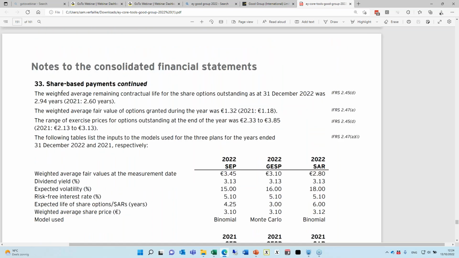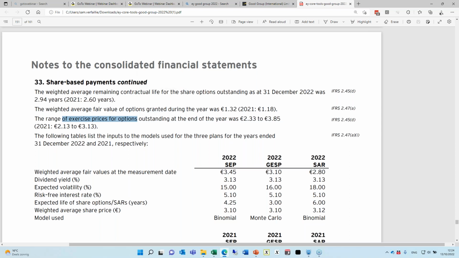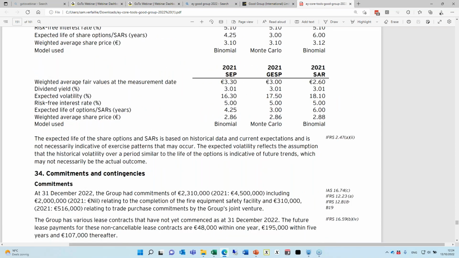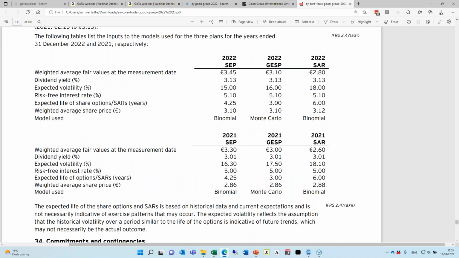Also, you need to include the weighted average remaining contractual life of the share options, and the weighted average fair value of the options that you need to calculate. What are the ranges of the exercise price of the option, the minimum and the maximum between the different plans that were in place at that time. Okay, so that's a bit about the disclosures.